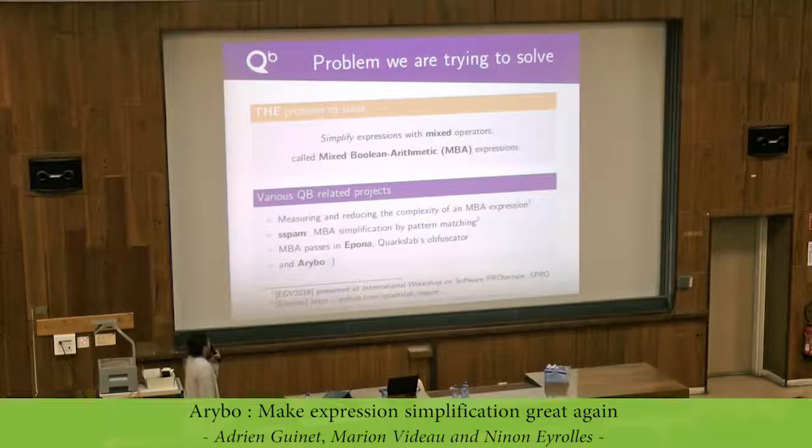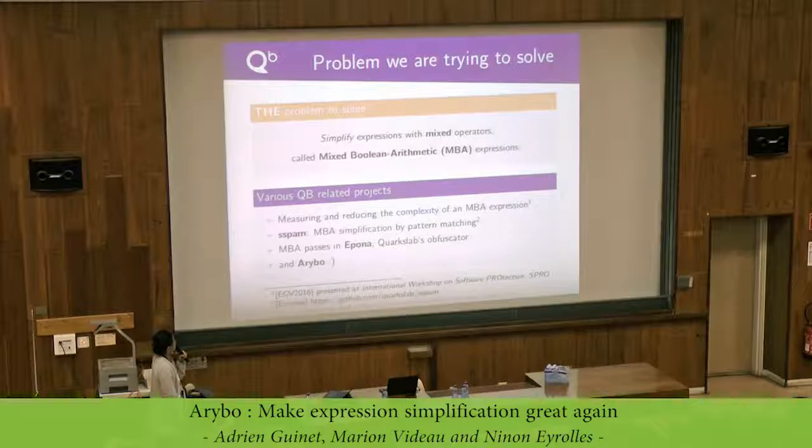XOR. We have at Quarks Lab various related projects. One is measuring and reducing the complexity, in some sense of complexity, of MBA expressions, and we presented a result at the International Workshop on Software Protection this year.